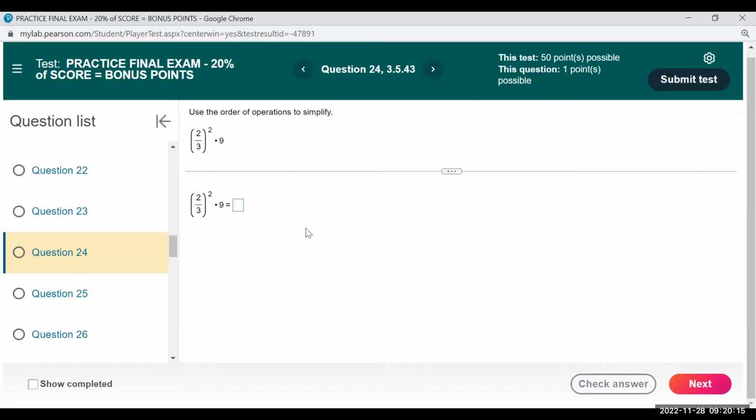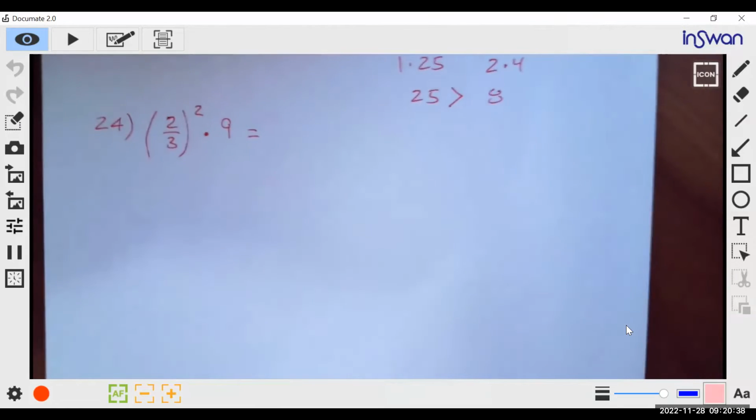Use the order of operations to now solve this one, or simplify this one. Order of operations, what do you have to do first?